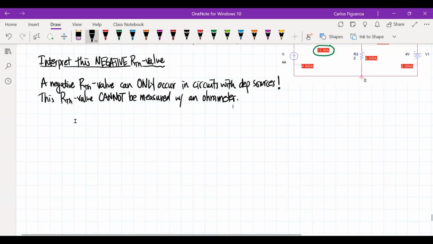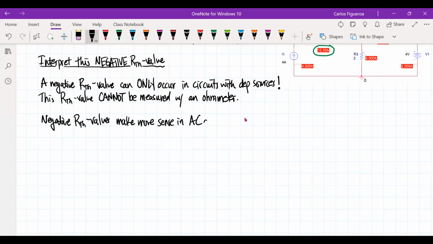Now, one of the things we find here is that negative RTH values make more sense in AC circuits.